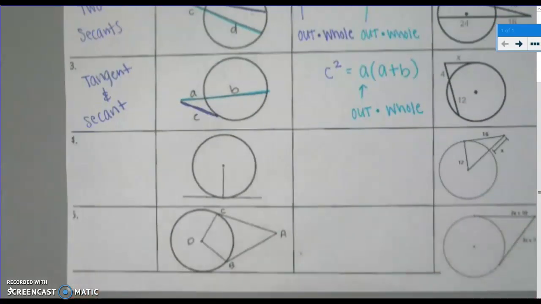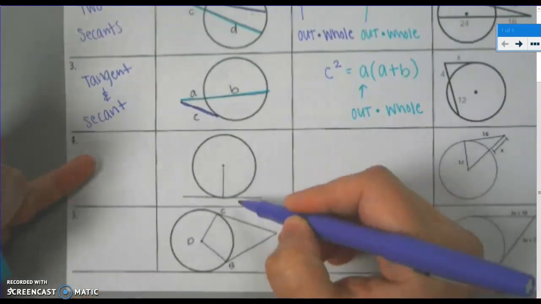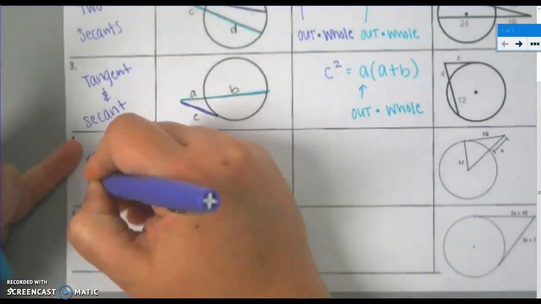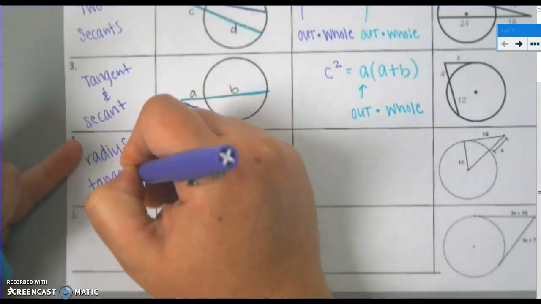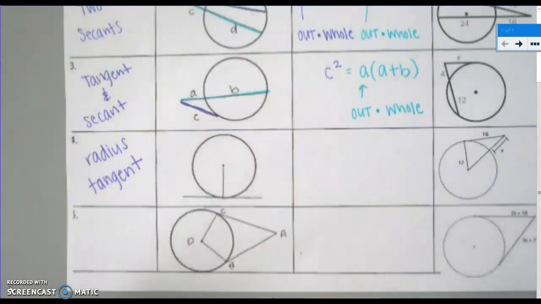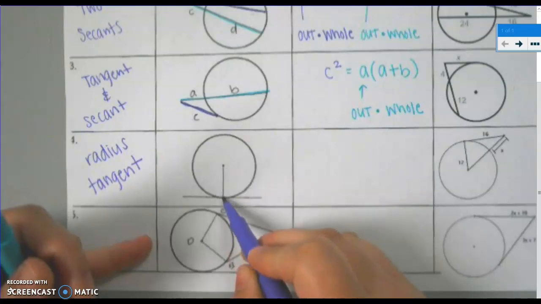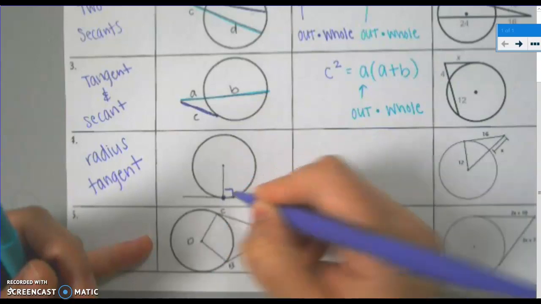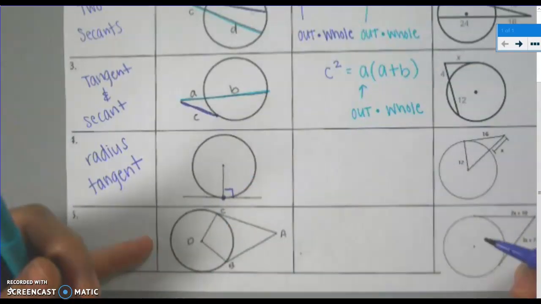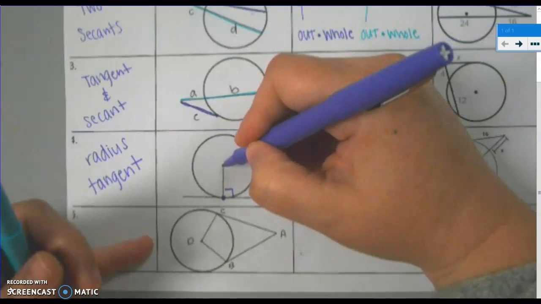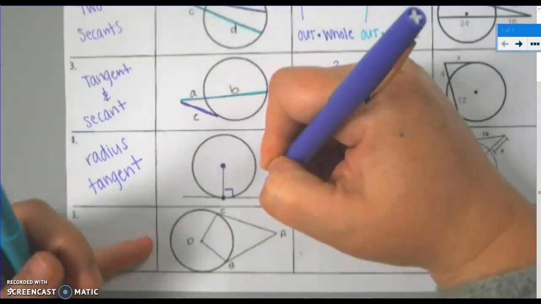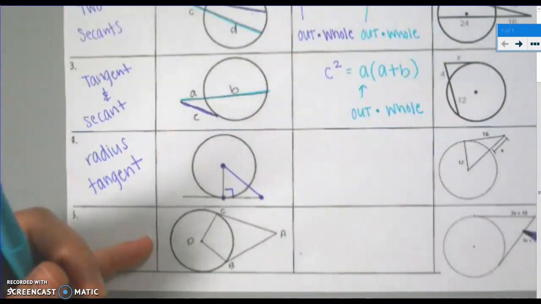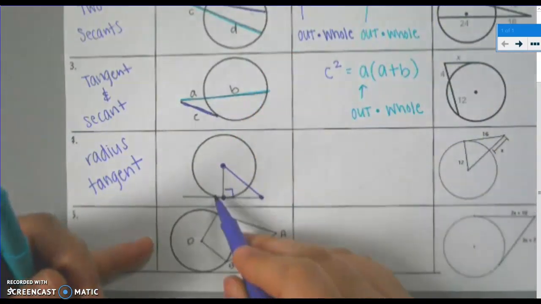All right, the next picture we have a radius and a tangent. So when a radius goes to the point of tangency, that actually creates a 90-degree angle. If I connect the center of the circle to a point on the tangent, it now makes a right triangle.